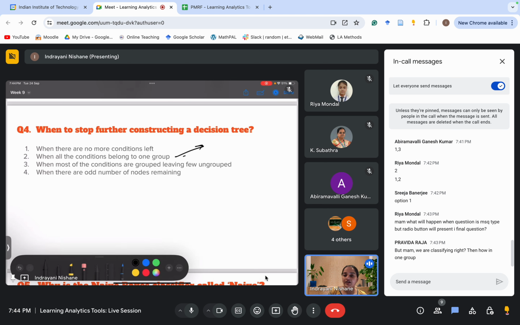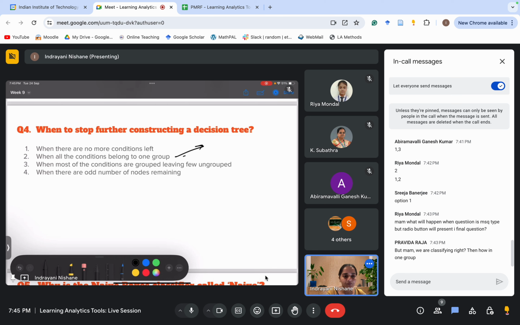When all such conditions are grouped under one bigger group, we stop there, since we are taking care of all the conditions where marks are greater than 50. The other branch will be marks less than 50, which will comprise less than 40, less than 30, less than 20 also. So we are considering all these conditions in that one particular branch. That's one logical step where we can stop further branching.